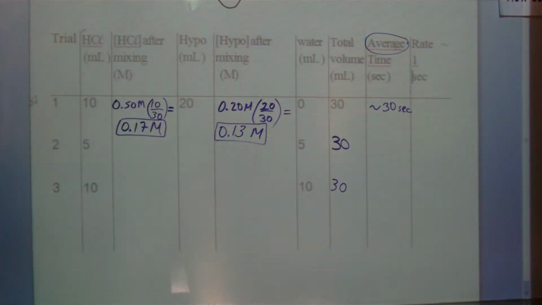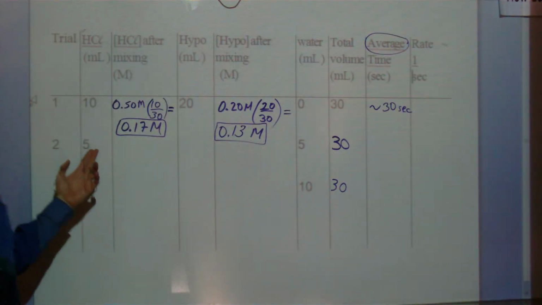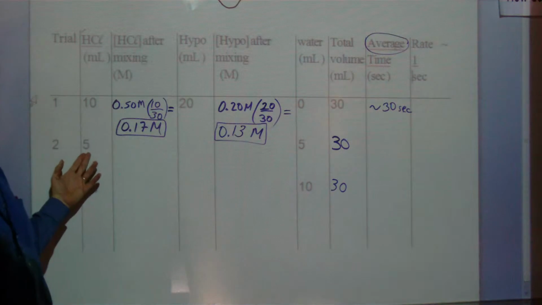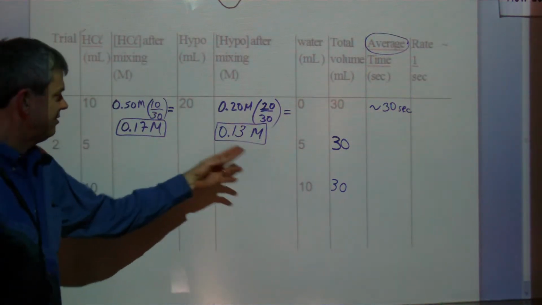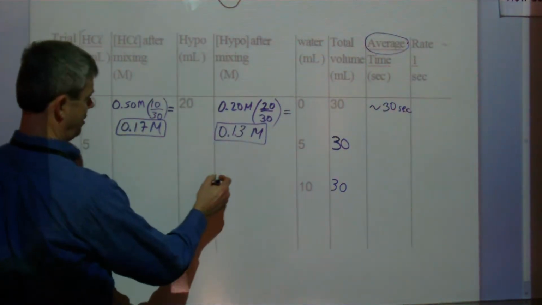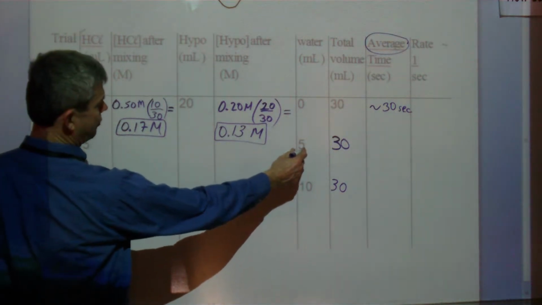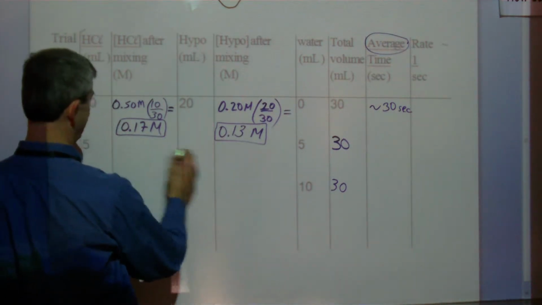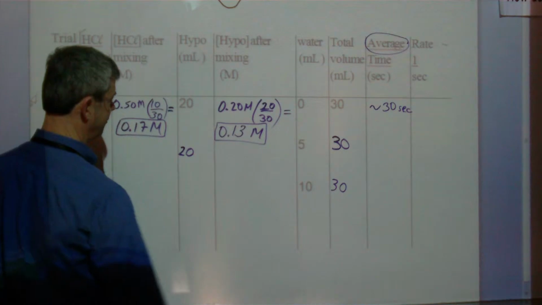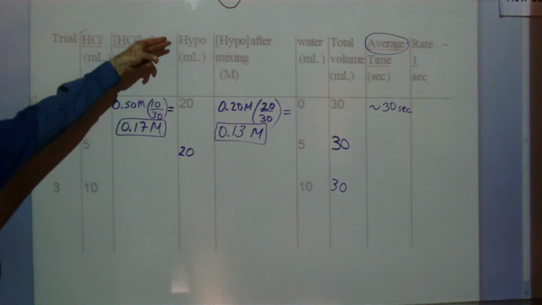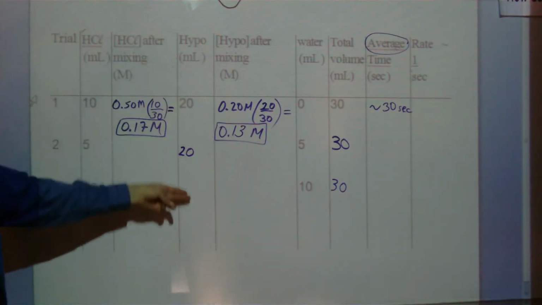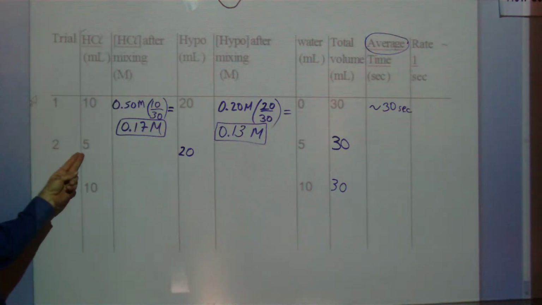Well, let's look at trial number 2. In trial number 2, we had only 5 milliliters of HCl and a total volume of 30 with 5 milliliters of water. That must mean 20 milliliters of hypo again. So you see, we didn't vary the amount of hypo in trials 1 and 2. We varied the amount of HCl.